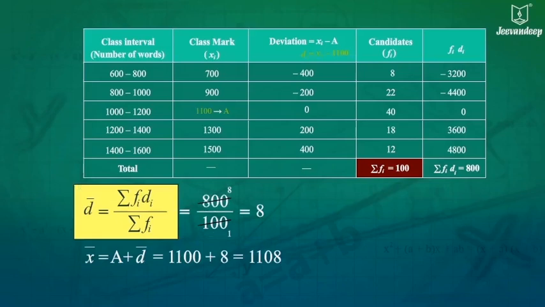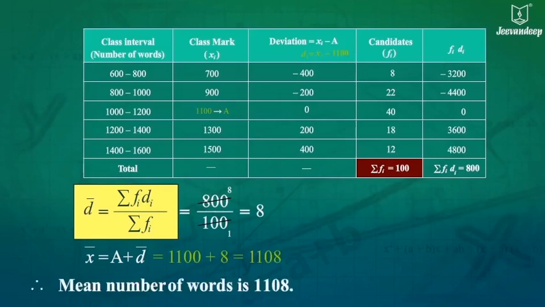As mean equals assumed mean plus mean deviation, that gives 1100 plus 8, that is 1108. Therefore, mean number of words for the given group of candidates is 1108.